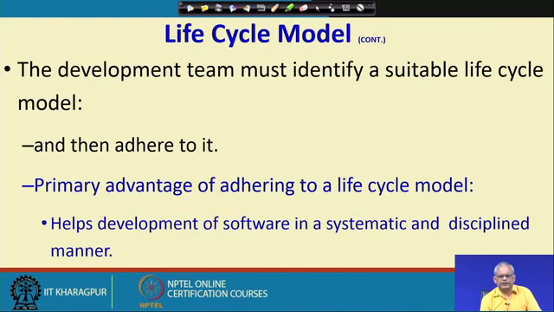Once a written life cycle model is available, the organization has identified a suitable life cycle model for the type of projects they do. The programmers and developers are asked to understand it fully and they adhere to it and use it rigorously.